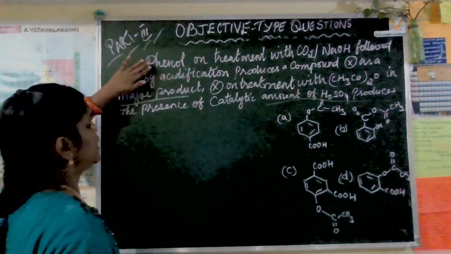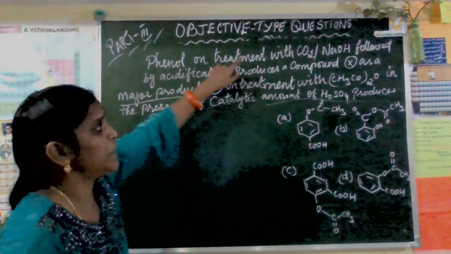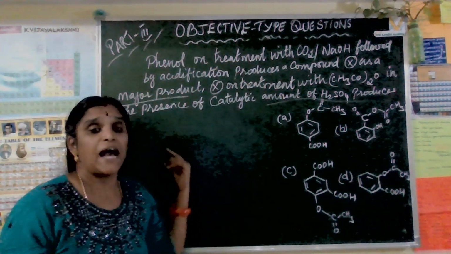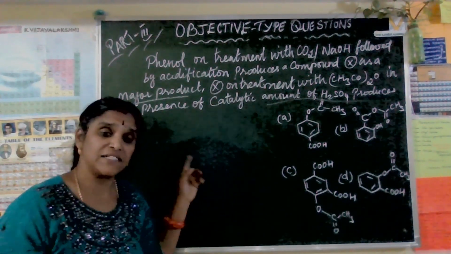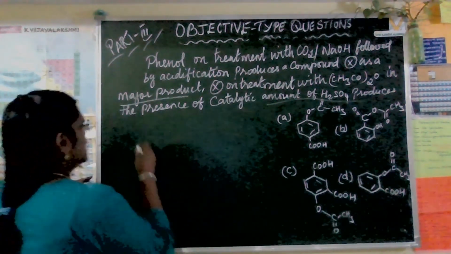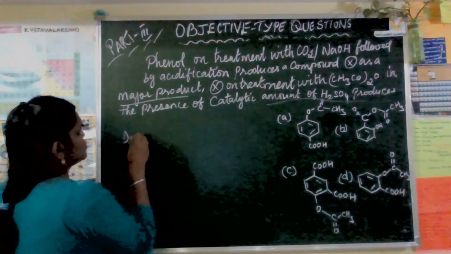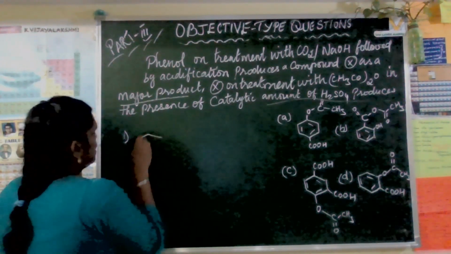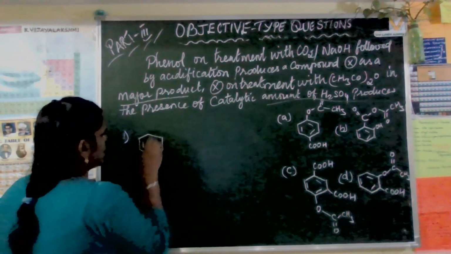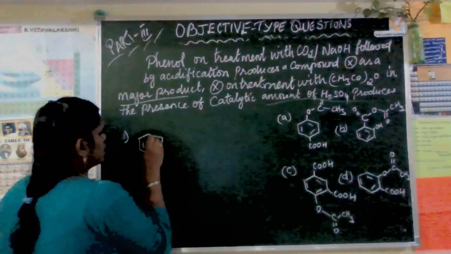Yes, so whenever you are getting phenol, carbon dioxide, sodium hydroxide, and high temperature and pressure, last session also we have gone through that. Yes, let us go for that reaction. The first one, X compound, we will find out. Already you know, but still I would like to write it for you to remember.